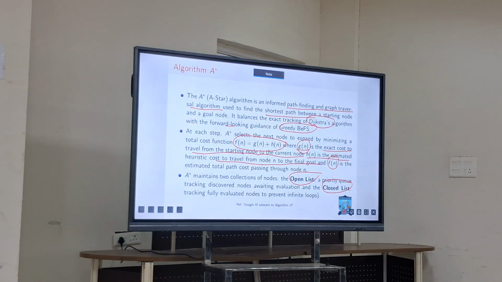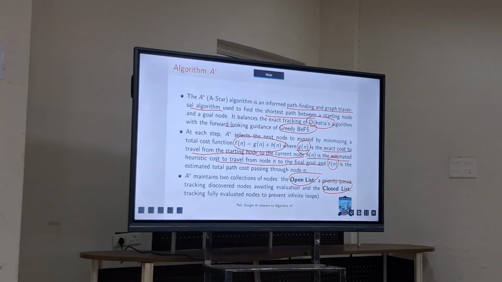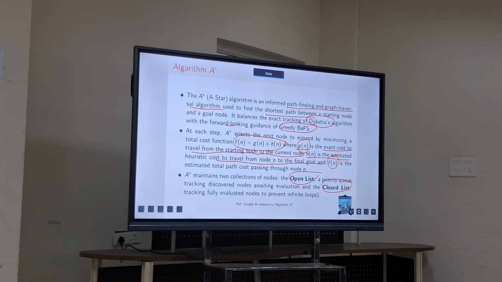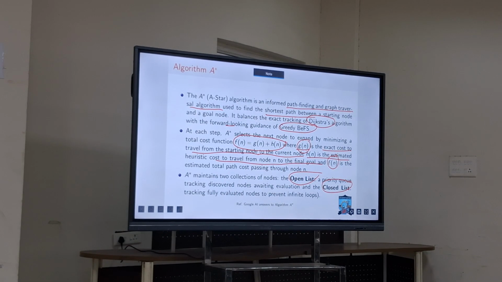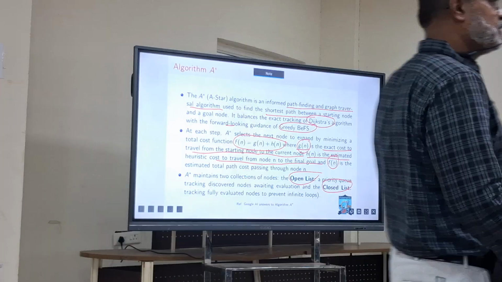Stack means LIFO, last in, first out, whereas queue is FIFO, first in, first out. Open list means the nodes you have not yet explored. Closed list means you know that if you go to this node, what is the cost. Okay, so is it clear?